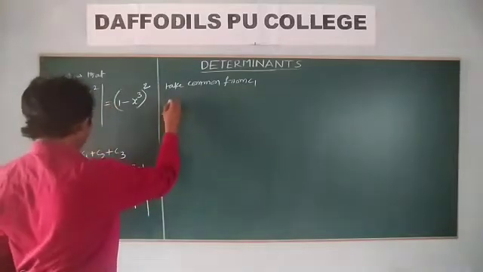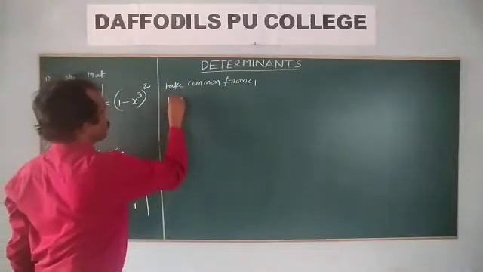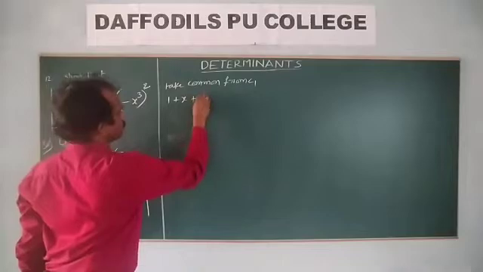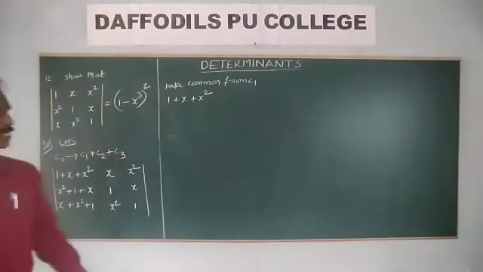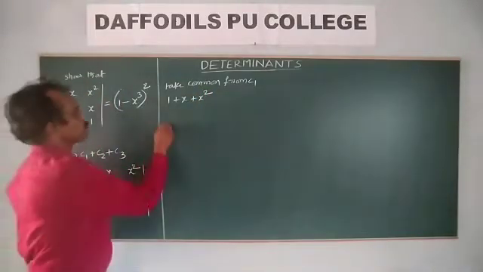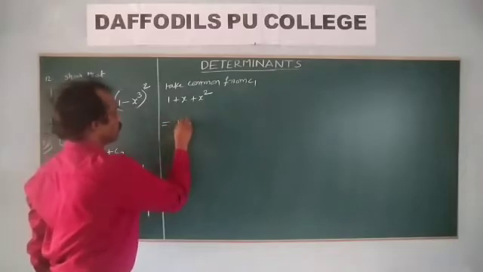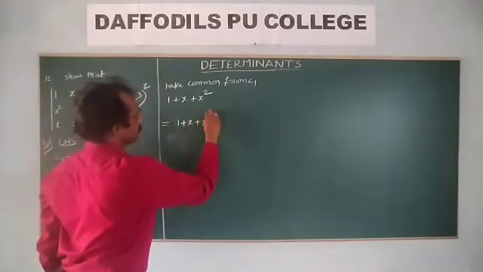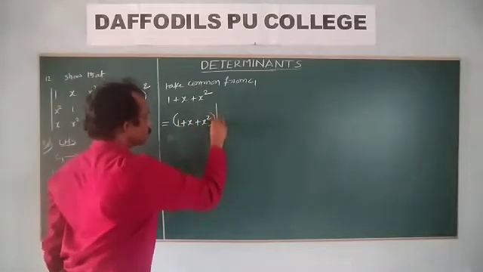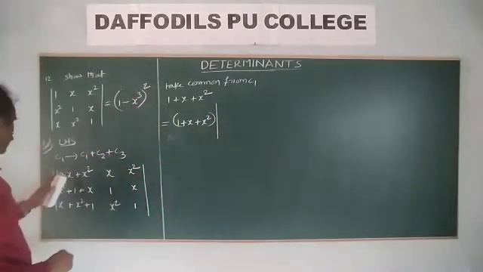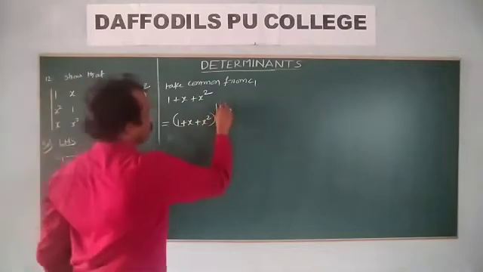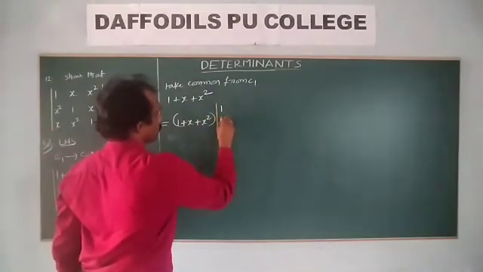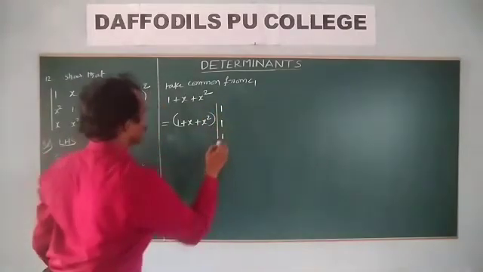That is equal to 1 plus x plus x square, and the remaining terms in the first column are 1, 1, 1.